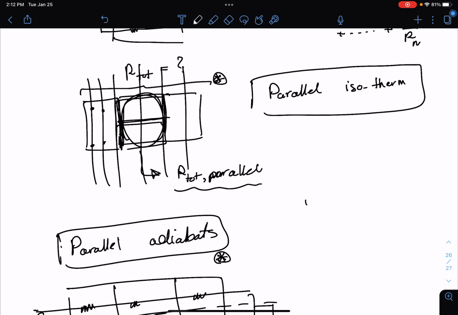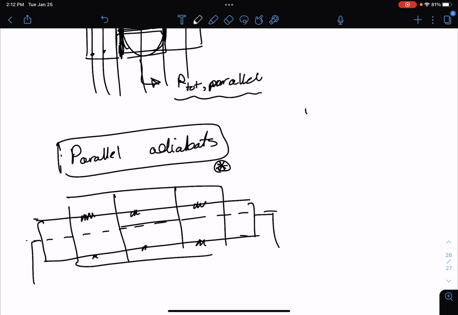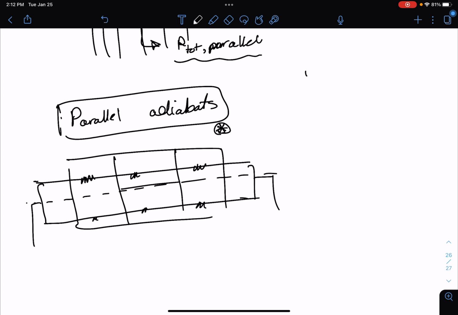Sir, in the parallel adiabat assumption, what is the total R of it? Because they are not parallel, so we can't take the series and then parallel. So let's say this is part 1, part 2, part 3, part 4. And let's call this side of it 1A, 1B, and 4A, 4B. These are series. Yes.